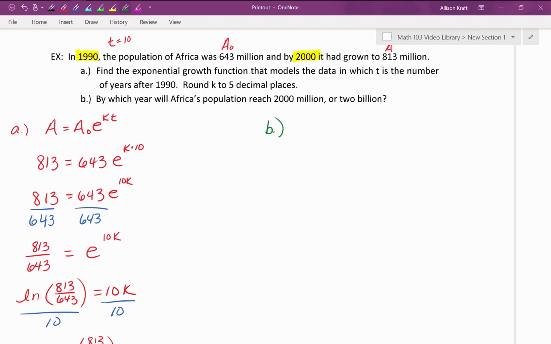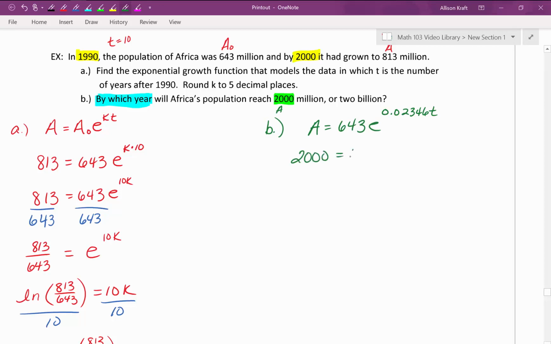The equation that we got in part A, A equals 643 times e to the 0.02346t power, is what we're using. We want to find t because it said by which year. And they're telling us that the amount A is 2,000. So let's plug that 2,000 in.